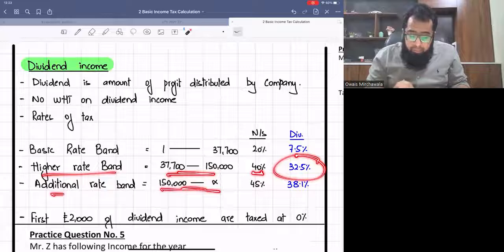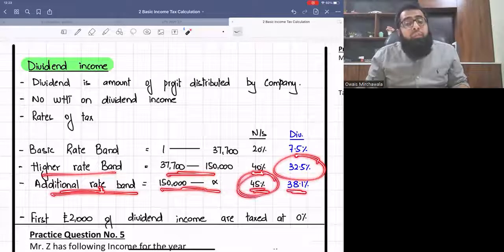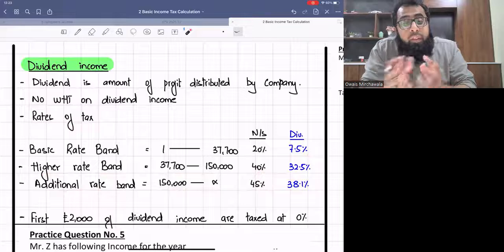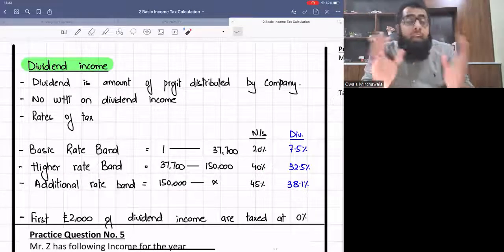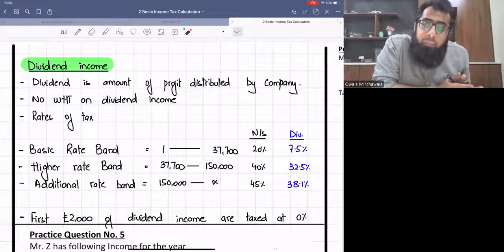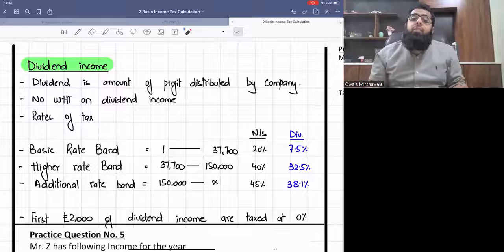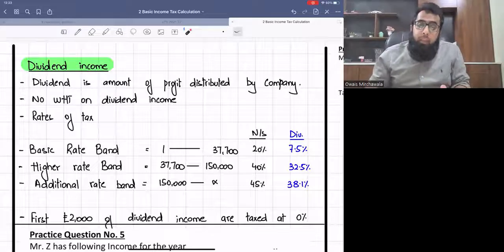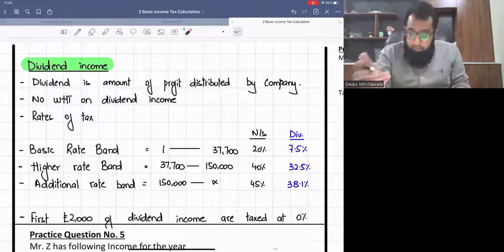Above 150,000, the additional rate band, non-saving was 45%, but dividend will be 38.1%. These are the same bands. They are first used by non-saving income, and if any band is remaining, that is used by dividend income. How it works, we will look at in the practice question.